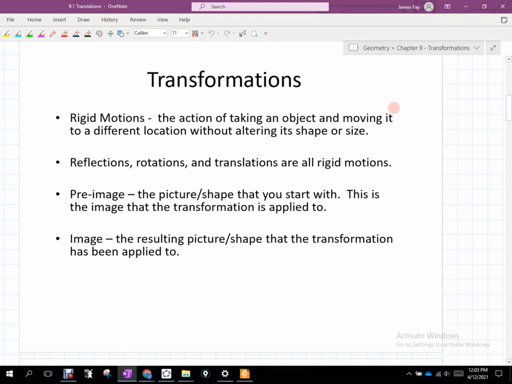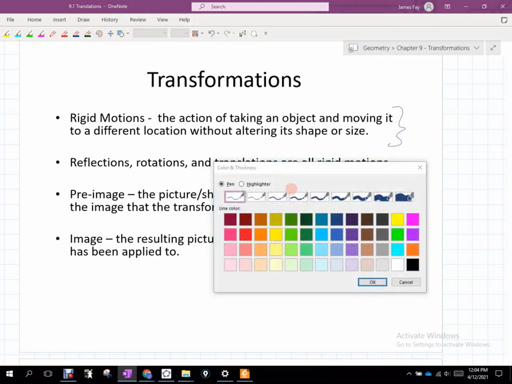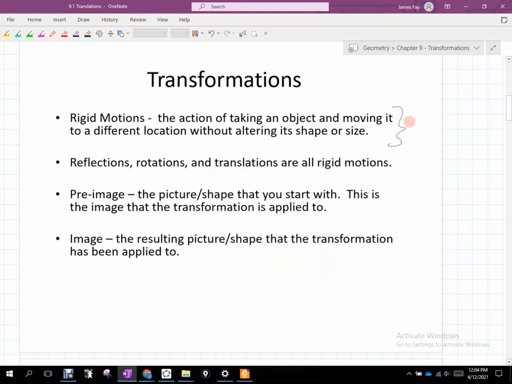Another way of saying this, that when we do rigid motions, a feature that is important here is that distances are preserved.